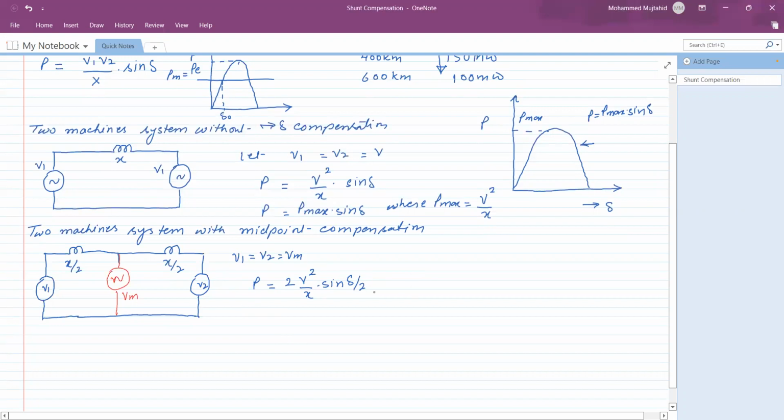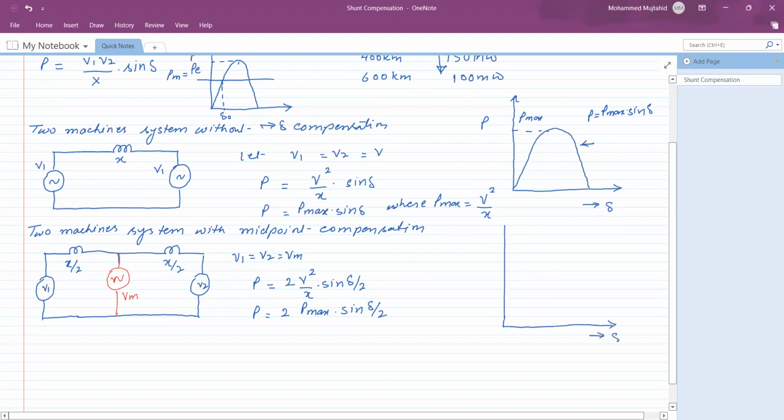So it means the power P is equal to twice P maximum into sine delta by 2, because V square upon X is the same. So what is the meaning? The meaning is the difference between the line without shunt compensation and with shunt compensation, we will draw again.